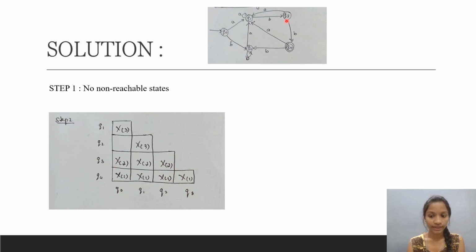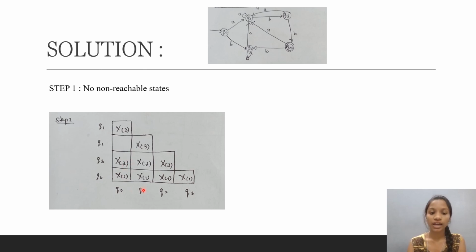Even this is not marked because both states are not final states. Then check Q0, Q4. In this, Q4 is a final state, so we'll mark it. This is the first mark I have made. I have written 1 because this is the first stage where marking is done.